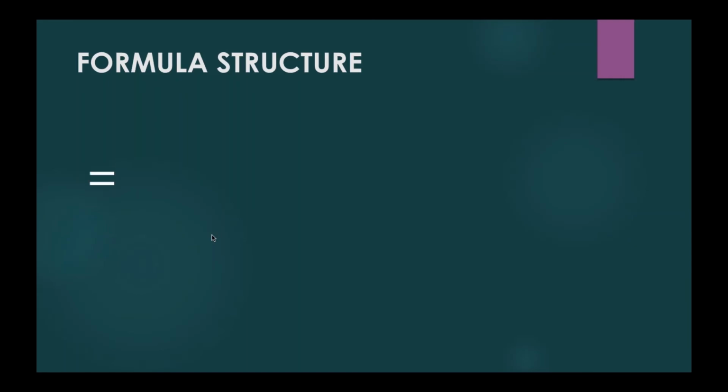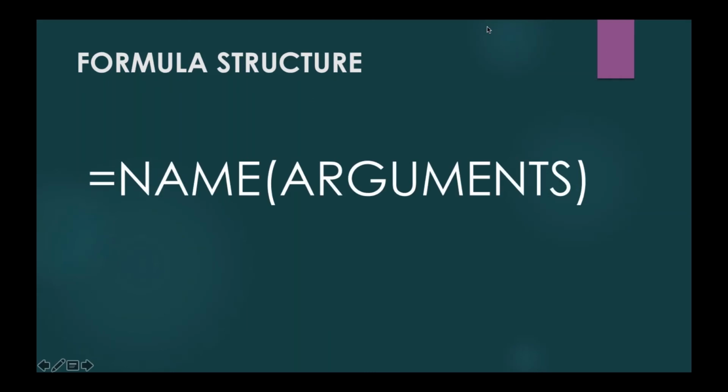So every formula, regardless of how simple or how complicated it is, has this structure. It has the equal sign at the front. It has the name of the formula. Now, there are over 415 built-in formulas in Excel. Yes, that's a lot. And where it gets even more fun is they combine with each other.